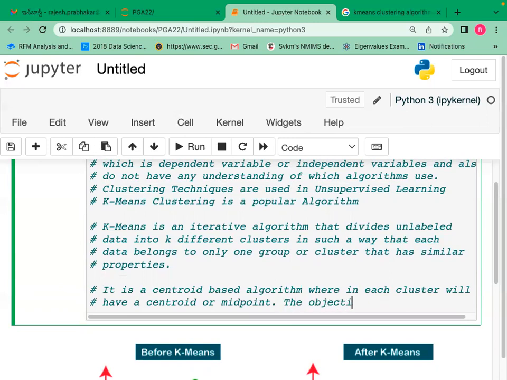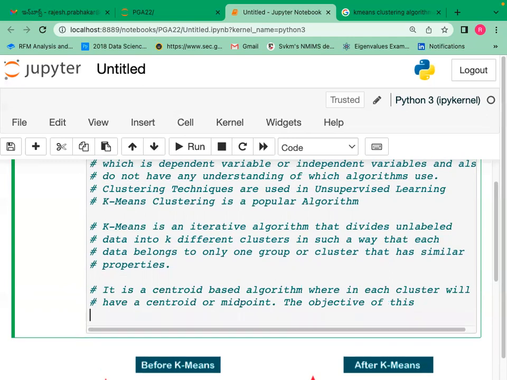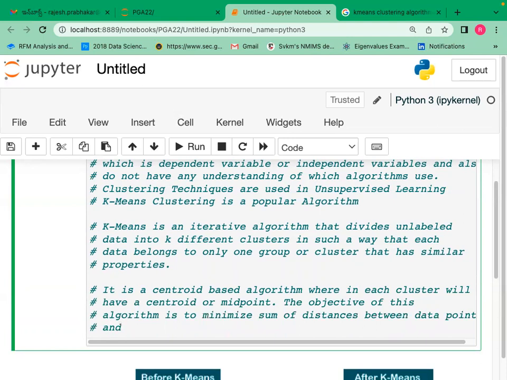The objective of this algorithm is to minimize the sum of distances between data points and their corresponding cluster centroids.